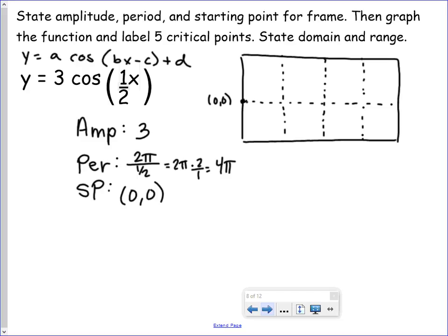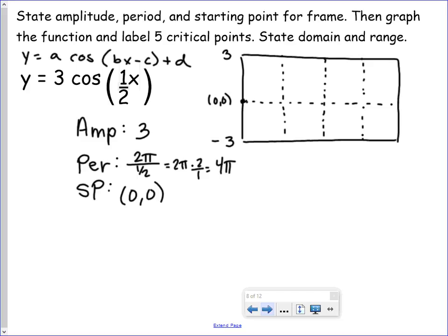It should go up 3. So this line right here is 3. And it should also go down 3. So that's -3. -3 is going to be your lowest point, +3 is going to be your highest point, and the distance between -3 and 3 is 6. Half of that is 3, which is our amplitude. So you've got to add it on top and the bottom.